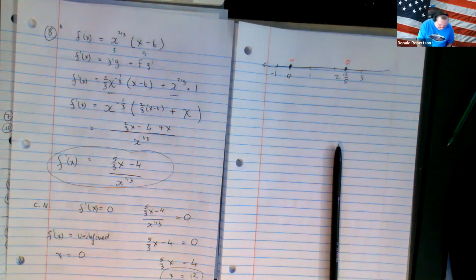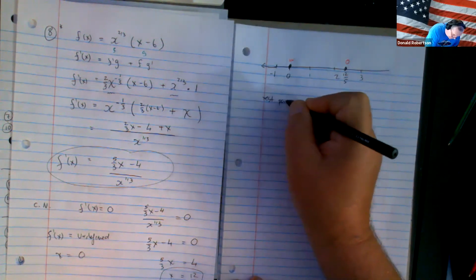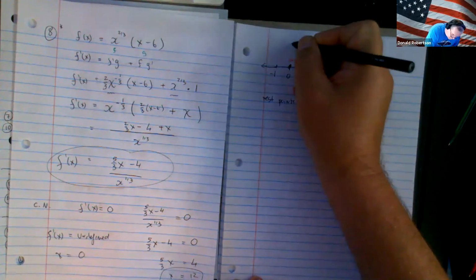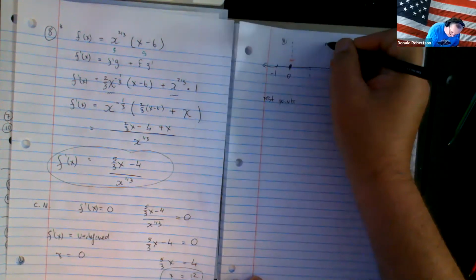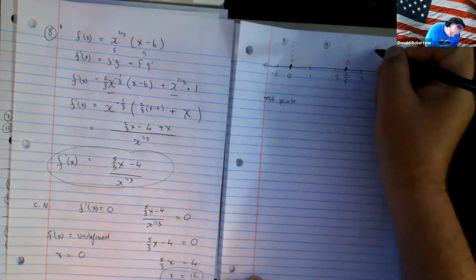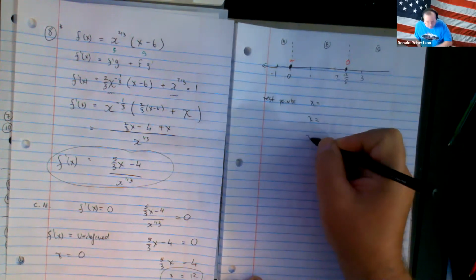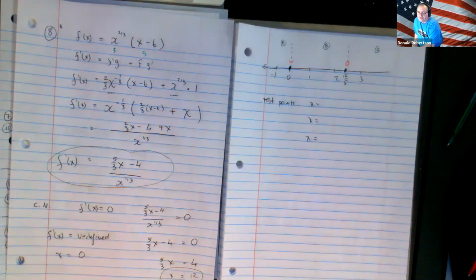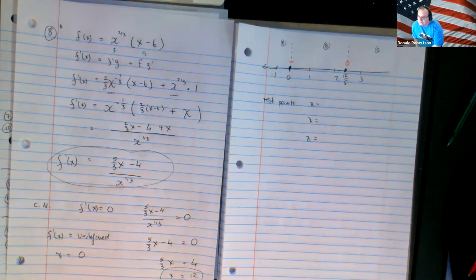And then I would do test points. So you can imagine a little invisible wall. There's a region A, a region B, and a region C. What would be a good test point for region A? -1.